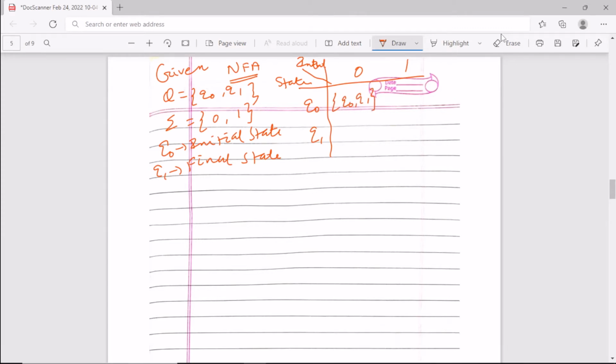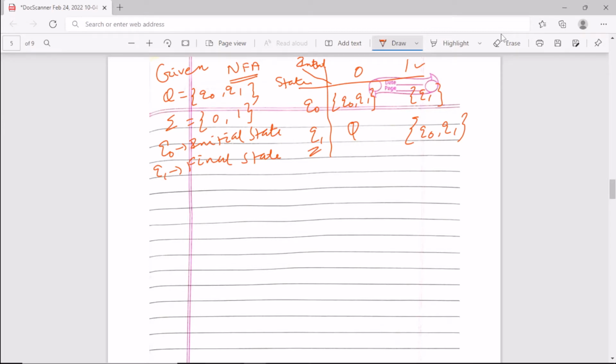In Q0 if you read 1, you are in state Q1. In Q1 if you read 0, there exists no state. In state Q1 if you read 1, then you have {Q0, Q1}. You are having two possibilities. These are all given in the problem.